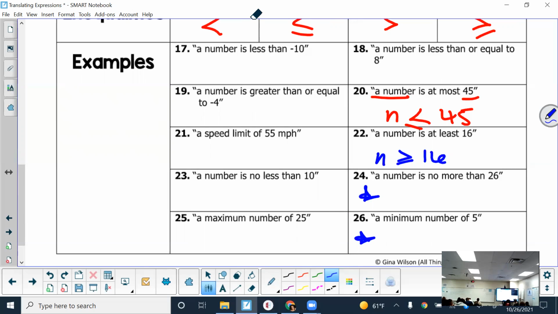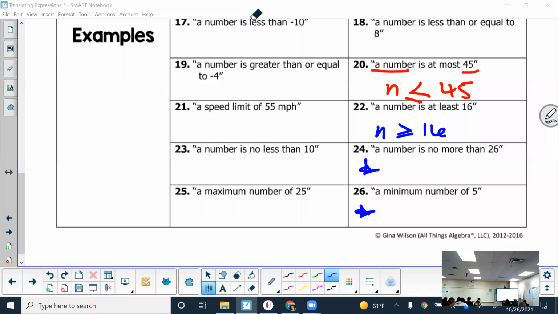24 and 26. So how do I write a number is no more than 26? All right, any disagreements? I would agree. So if it can be no more than 26, it has to be less than it or equal to it.